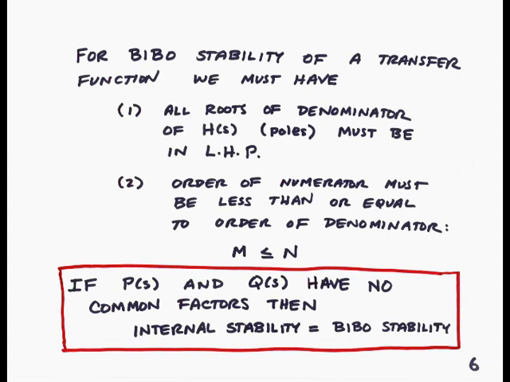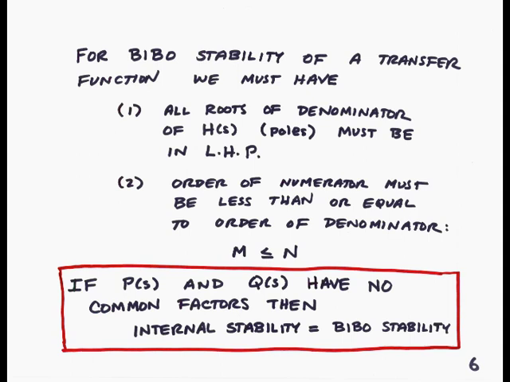That is, m is less than or equal to n. Now, since in this class we'll always be dealing with systems which are proper, that is, where m is less than or equal to n, I'm not going to worry so much about the second condition. So let's concentrate on the first as the real definition of BIBO stability, that all roots of the denominator of the transfer function are in the left half plane.